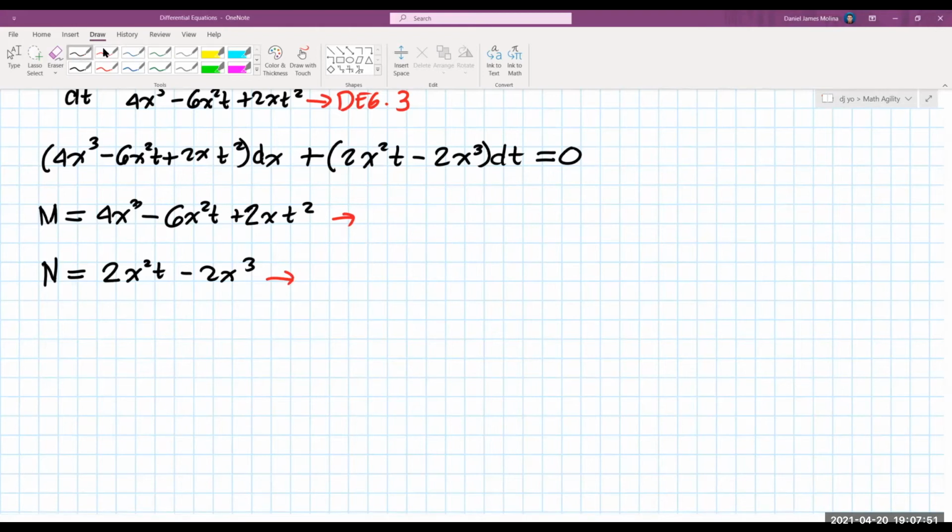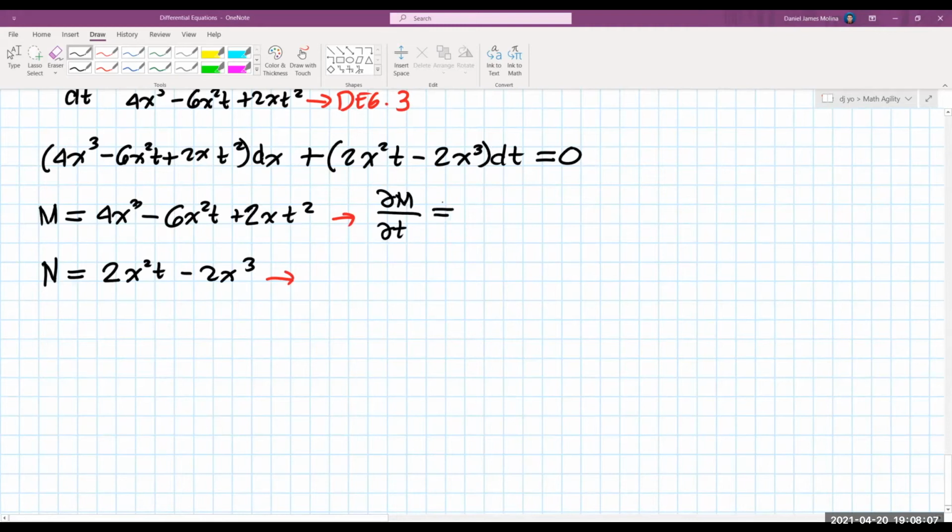So let's try to take its partial derivatives. Since M is paired with dx, we'll take its partial derivative with respect to t.